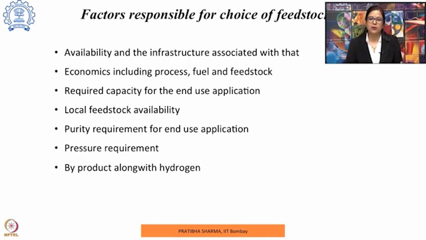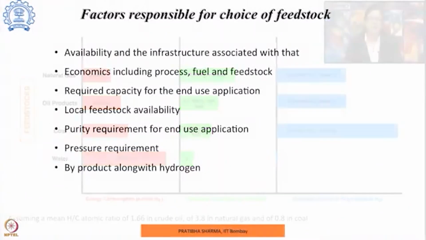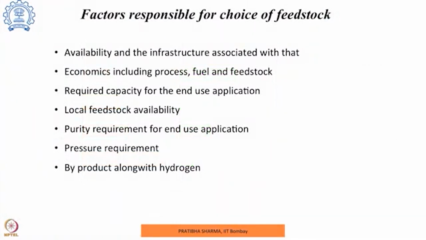Whatever production means supplies at a higher pressure could be used for that particular application. It also depends on whether there is any other byproduct which has a commercial value, then that process could be selected for hydrogen production. Also, it depends on whether some cogeneration of steam and power is also desired.